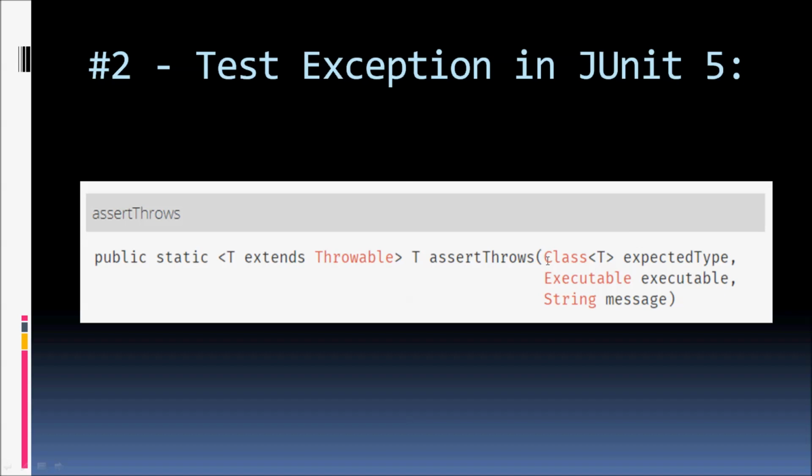The first parameter is the expected exception class type here, and the second parameter is an executable that runs the test code, and the string message is a message included in the failure message when the test fails. Okay, the message is optional.